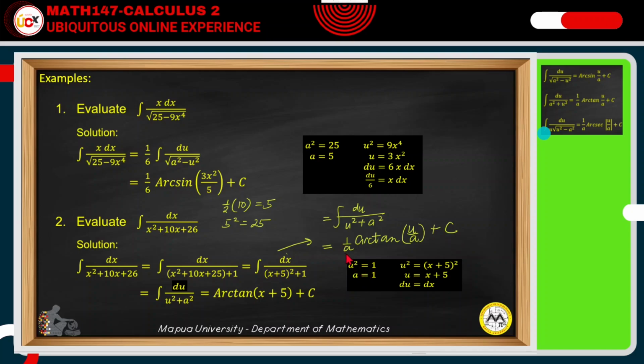So 1 over 1 is 1 times arctangent of u, where u is x plus 5, over a, where a is 1, plus the constant c, which is the same as arctangent of x plus 5 plus the constant c. So this is the final answer.